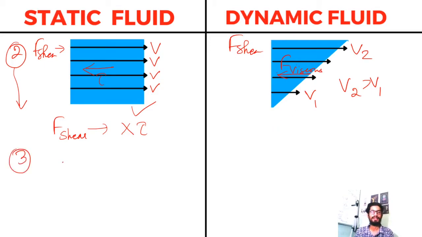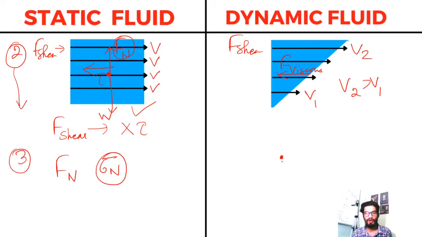The third point is, in static fluid there is only normal stress, because there is some weight of this static fluid, and due to that there is an opposite force, which is the normal force, and due to this normal force the normal stress comes into picture. But in dynamic fluid there is weight also, along with that there is some shear force which causes shear stress to develop.